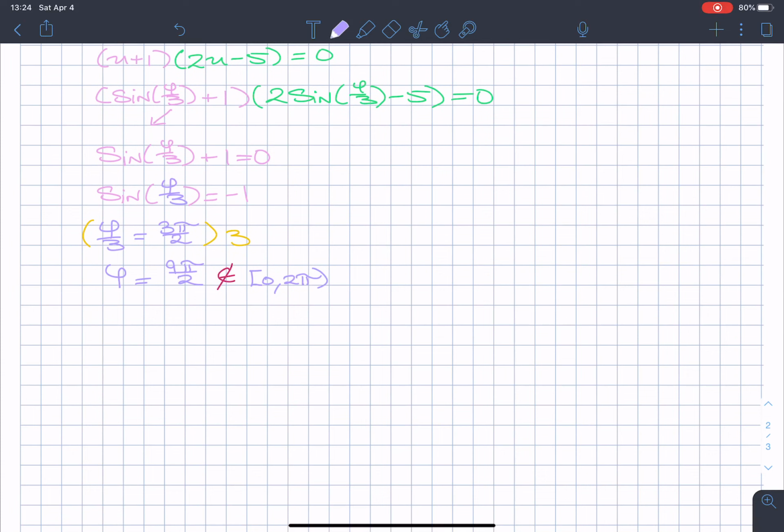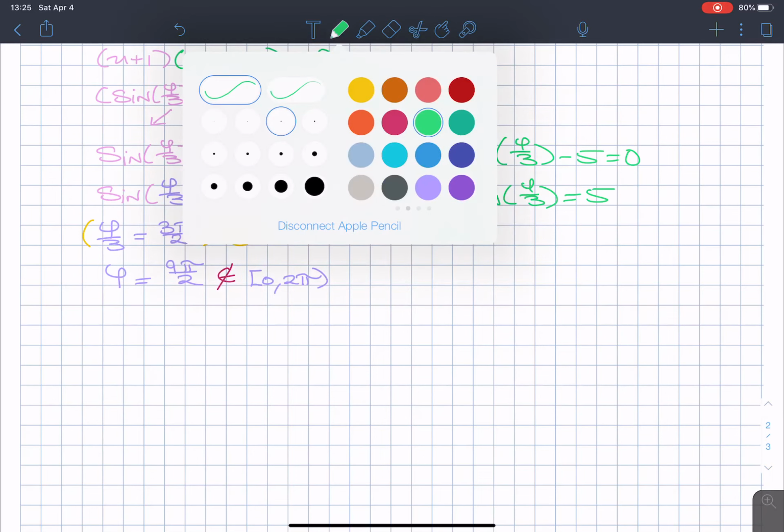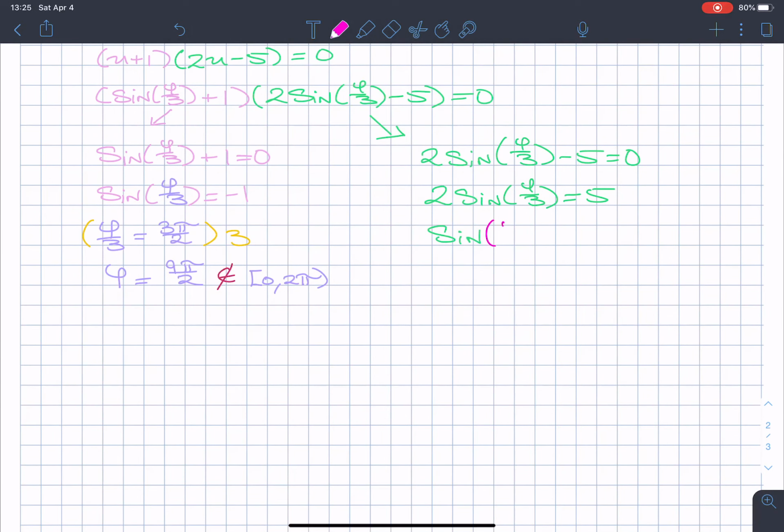Well, let's try again. Let's go to the other factor. So 2 sine of phi over 3 minus 5 is equal to 0, which means that 2 sine of phi over 3 is equal to 5, which means that sine of phi over 3 is 5 halves.